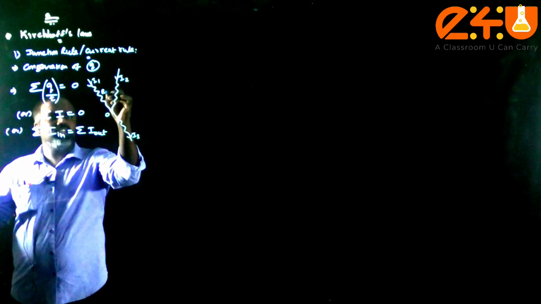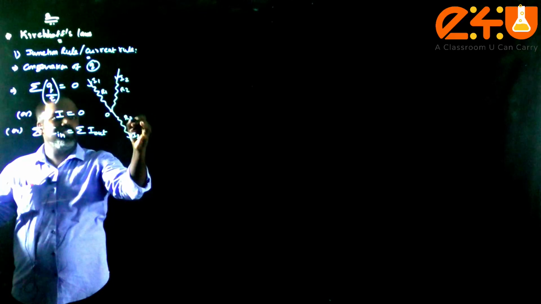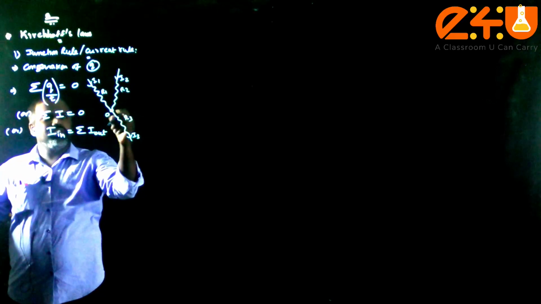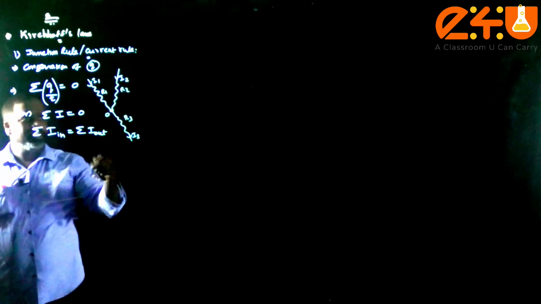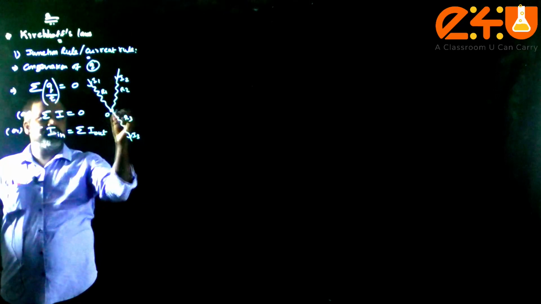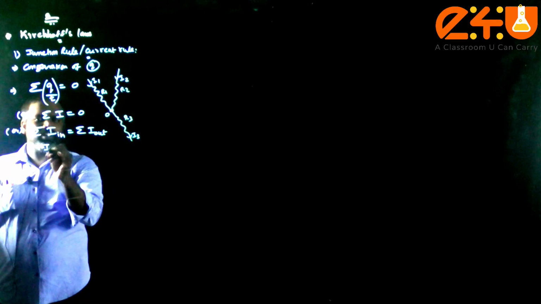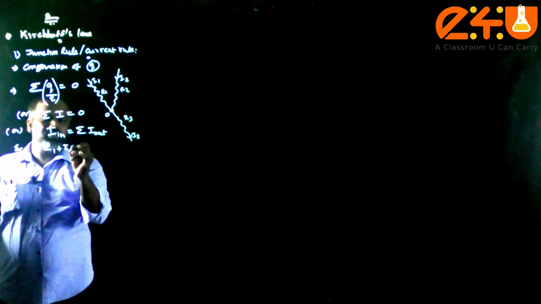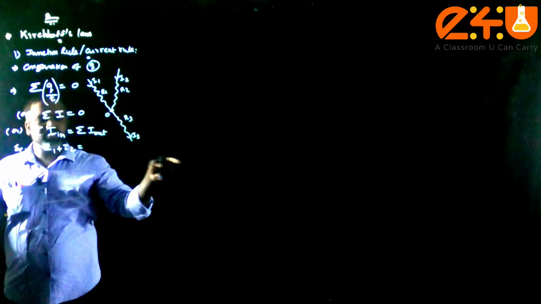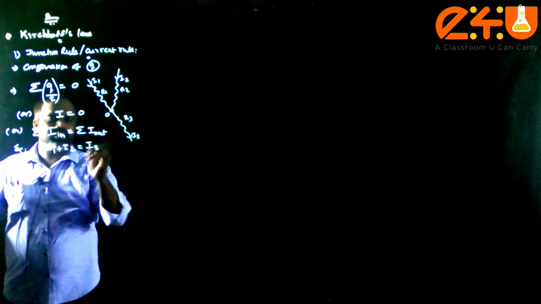That is the general sign convention used here. The total charge at the junction will be zero because there is no accumulation of charge. Therefore, as per this equation, for example, the sum of the current inward, I1 plus I2, is equal to the sum of the current going out.